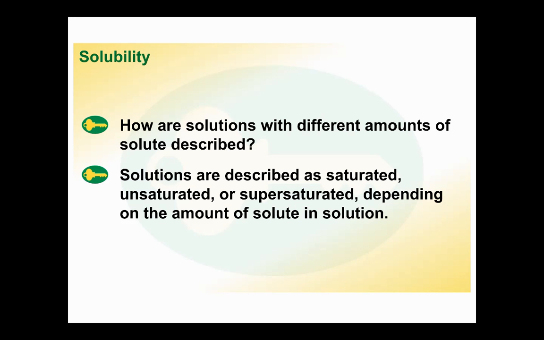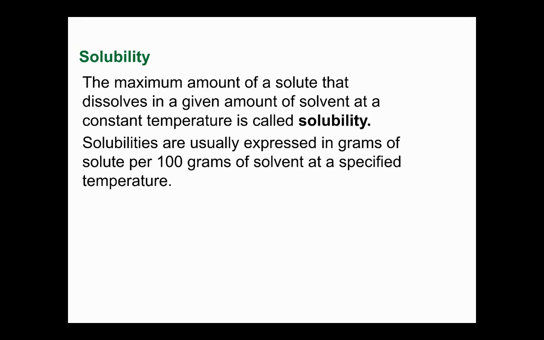So how are solutions with different amounts of solute described? Well, solutions are described as saturated, unsaturated, or supersaturated depending on the amount of solute in the solution. The maximum amount of a solute that dissolves in a given amount of solvent at a constant temperature is called solubility.